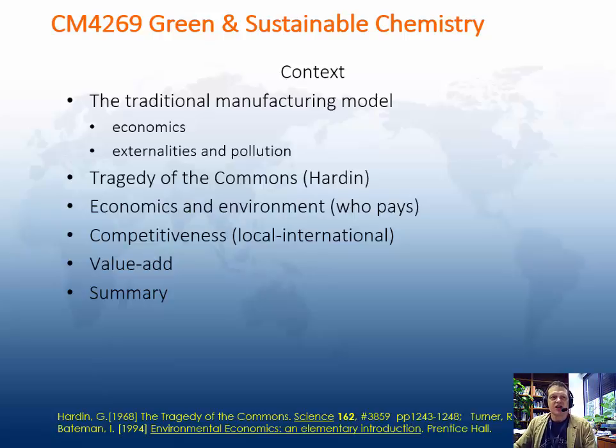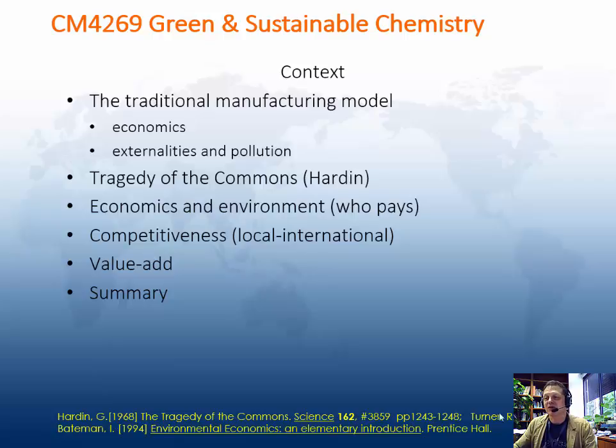Okay, reading for this module. As you know, in the module booklet there is a reading list, and the recommended book for this module is Lancaster. For this particular module, in addition, I'd rather try that again, shall we? I'd recommend Garrett Hardin's 1968 Science paper, The Tragedy of the Commons.